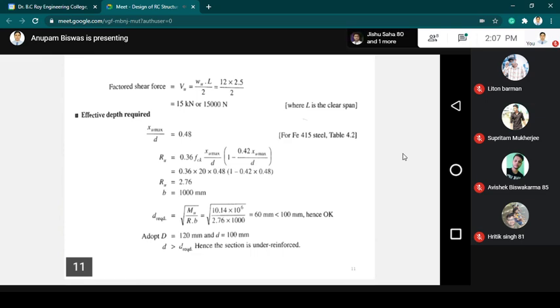The depth required comes as 60 mm, which is less than 100 mm, the assumed value. Since it is less than that, we can proceed. It is okay. By adopting the overall depth as 120 and effective depth as 100, D is more than d required, hence the section is an under reinforced section.